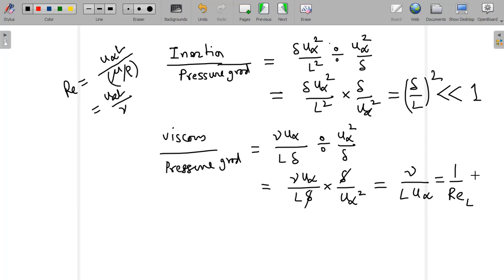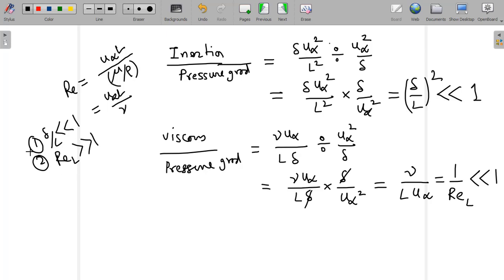Basically we are considering this quantity is much less than 1, because the boundary layer assumption is valid only when the Reynolds number is very high. So for the time being, the Reynolds number is very large. This is one of the assumptions, but actually it is not an independent assumption. If the Reynolds number is very high, then only delta by L is much less than 1. So these are not two separate assumptions, that delta by L is much less than 1 and the Reynolds number is much greater than 1.